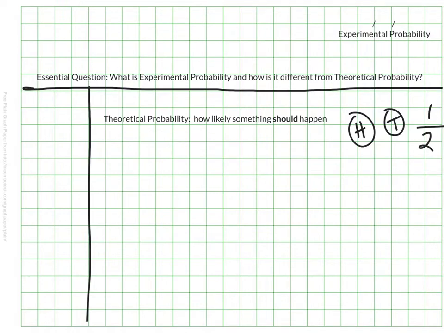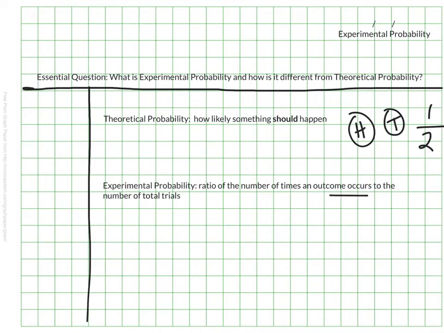However, sometimes we can't predict what will happen, or we need to rely on looking at data or doing an experiment for ourselves, and that's when we use experimental probability. And just like theoretical probability, experimental probability is something that we show as a ratio. This ratio is the number of times something actually occurs, right?